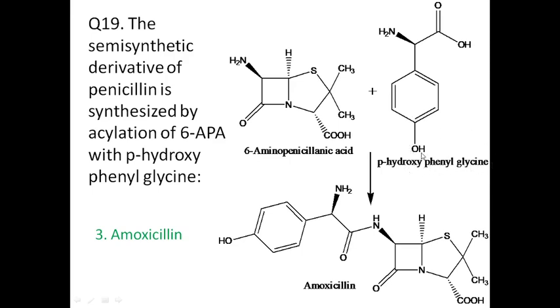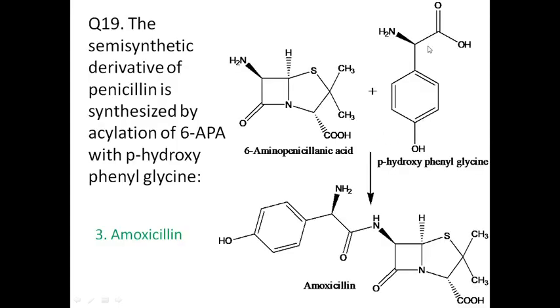This is the para-hydroxyphenyl, and this is glycine, the simplest amino acid. When there is a reaction between this acid and this amine, it will form an amide, and the structure here is amoxicillin.